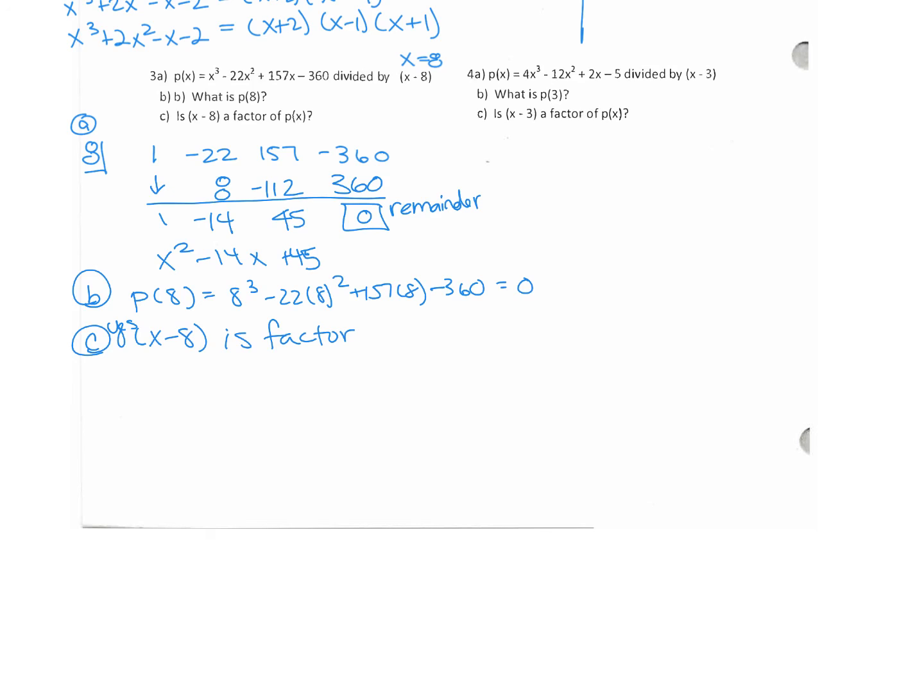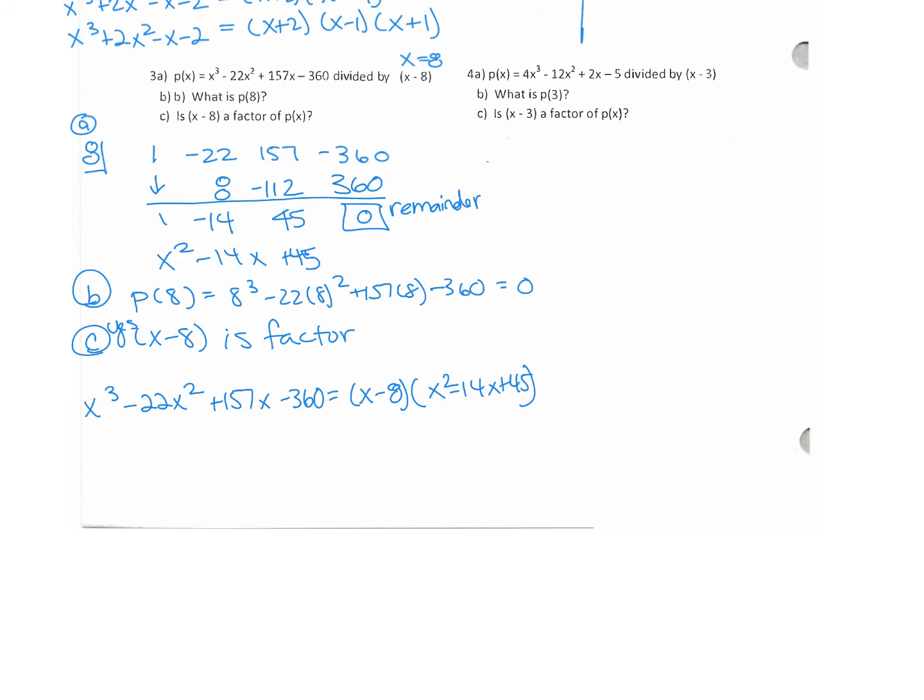That's because my remainder was 0. And then lastly, I would like to write my polynomial x cubed minus 22x squared plus 157x minus 360 as the product of my factor x minus 8 times my quotient x squared minus 14x plus 45.